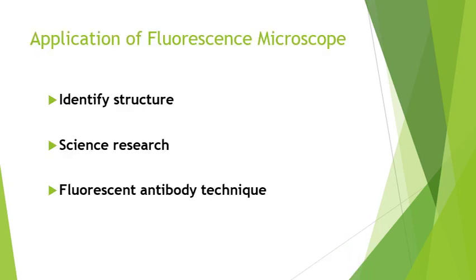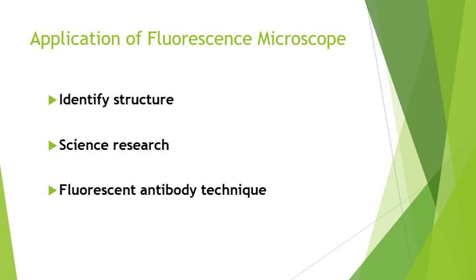So here we have some applications of the fluorescence microscope. First of all, we use this microscope to identify various structures or various organic and inorganic substances with the help of different fluorescent dyes. So the fluorescent microscope helps to identify the structure of different chemical substances.